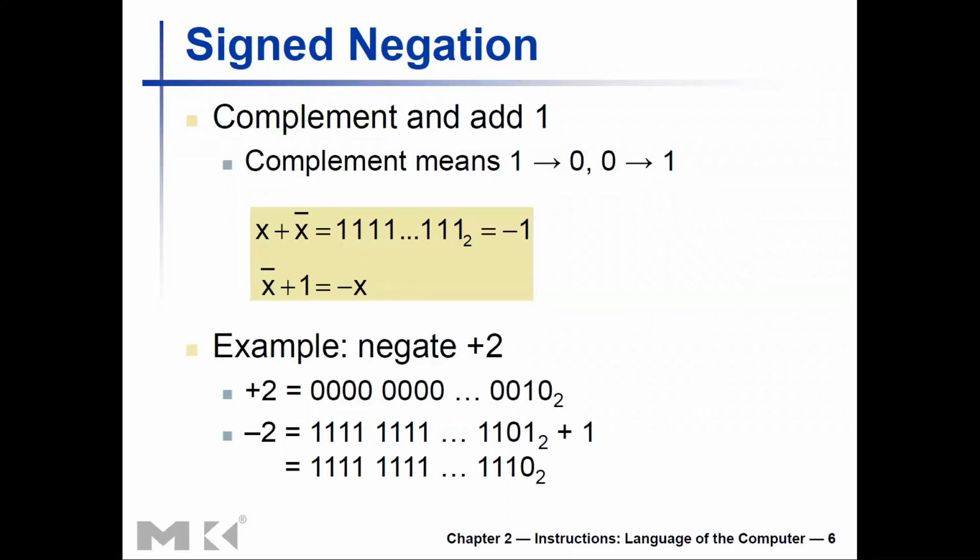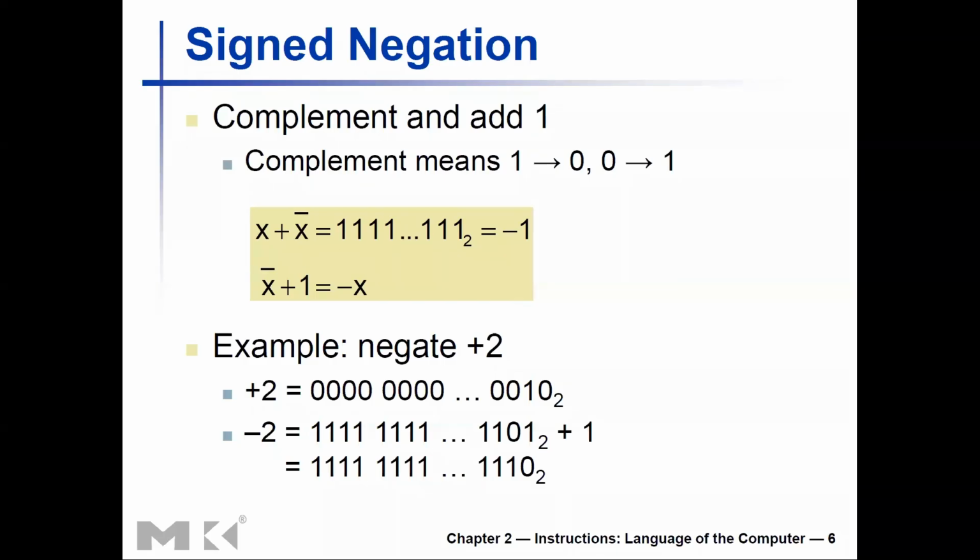Complement means you make ones 0 and zeros 1. That is like a binary NOT operation. You know what a NOT operation is. All the ones in the binary representation you make 0, and all the zeros you make 1. And then finally you add 1 to that complemented number.